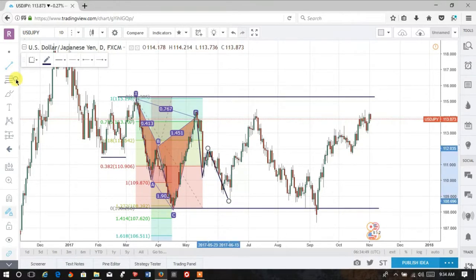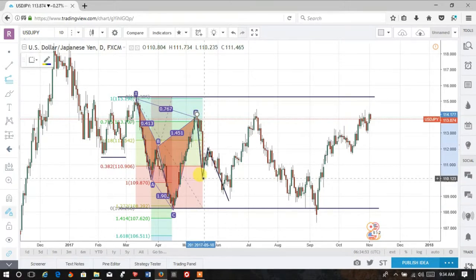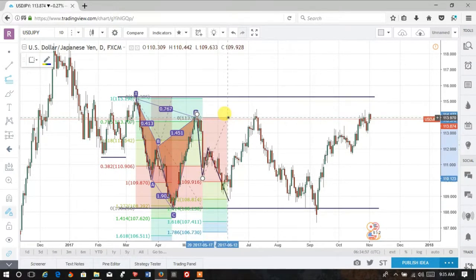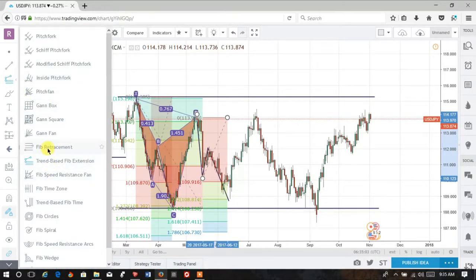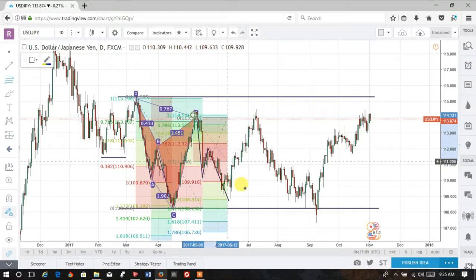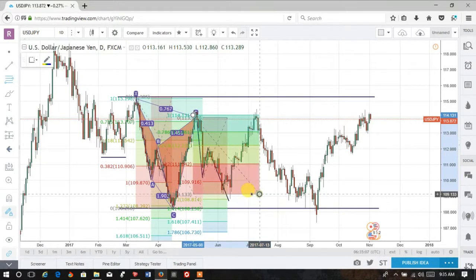Again, we take our fib extension tool, measure from swing high to swing low, back up to swing high. You see, we got a 127 extension at structure. Again, take your overall fib retracement tool, measure from swing high to swing low. Our 786 retracement is at structure.